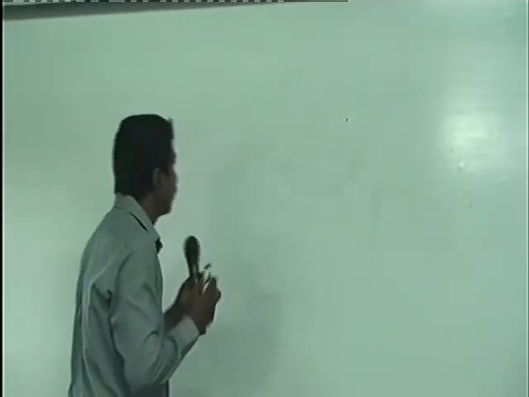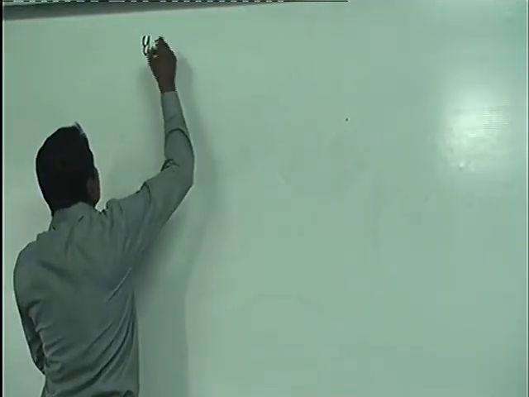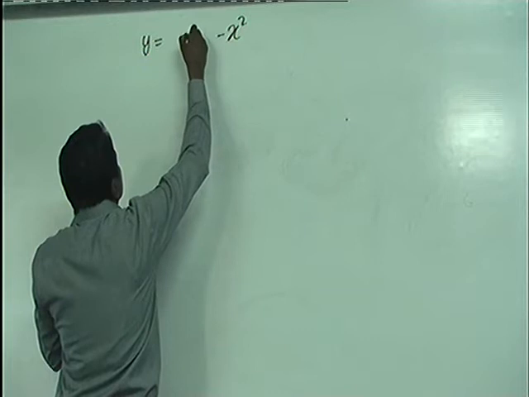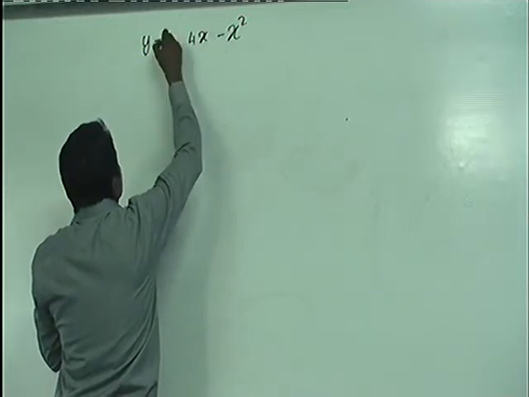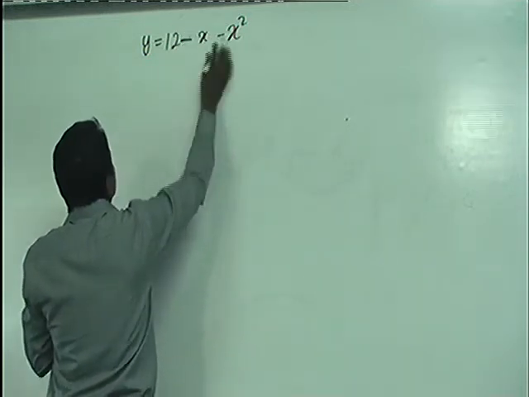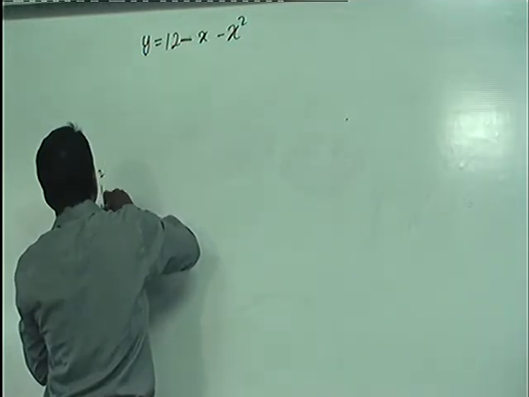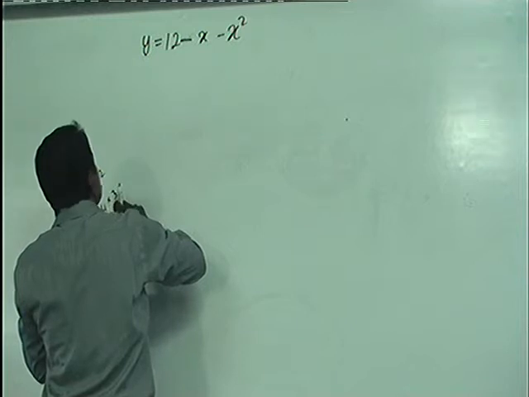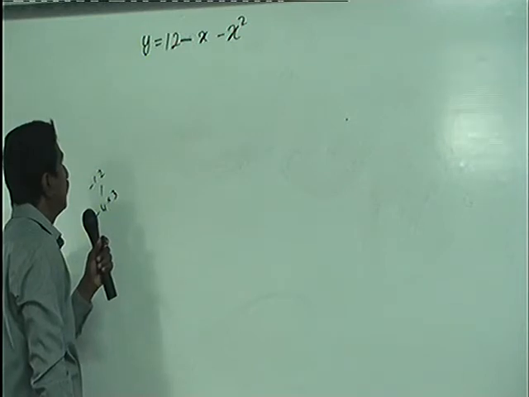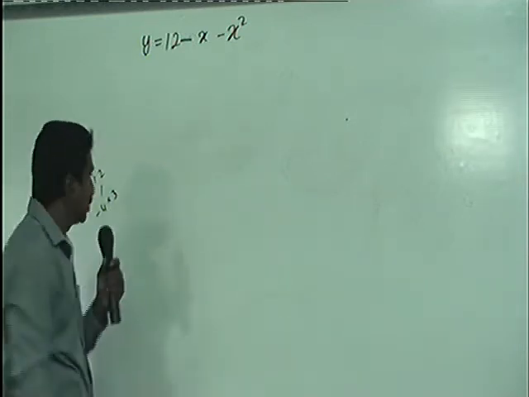So we'll do another example. Say y is equal to 12 minus x minus x squared. We'll do this calculation.